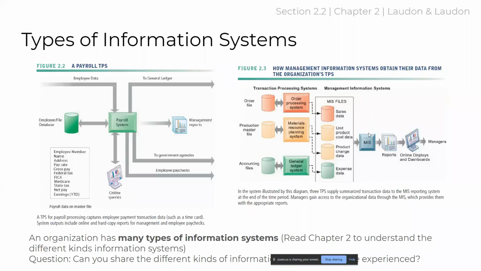And then you can also have, let's say, an example of a management information system, which is something we will talk about in data analytics, which is taking data from all the different major systems. So let's say the order processing system, taking data from the materials and resource planning system, taking data from the finance accounting system.